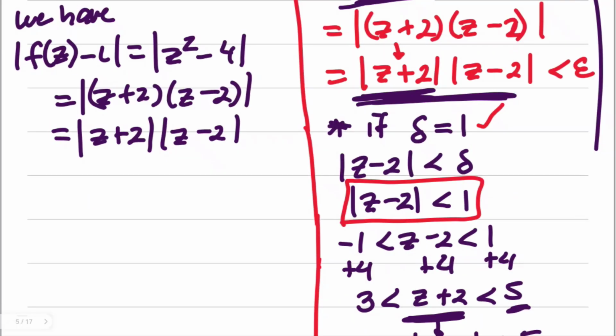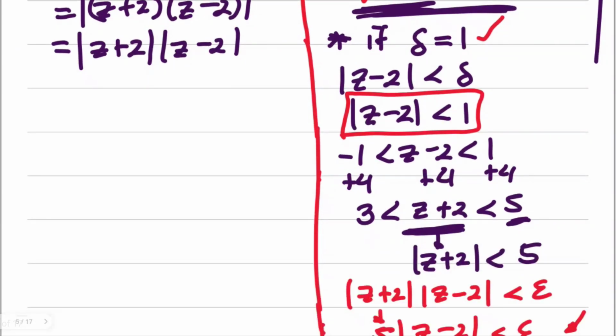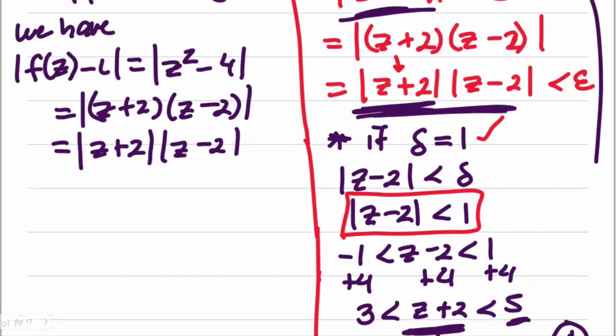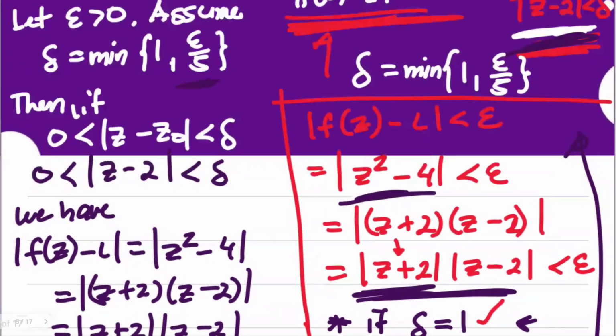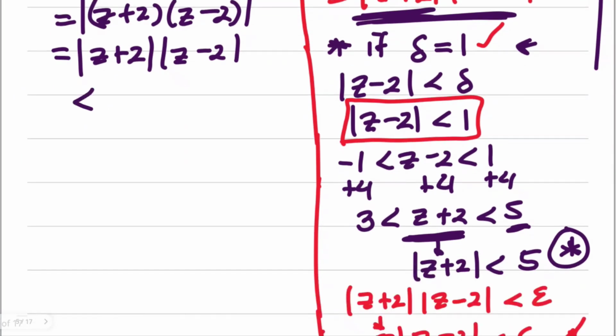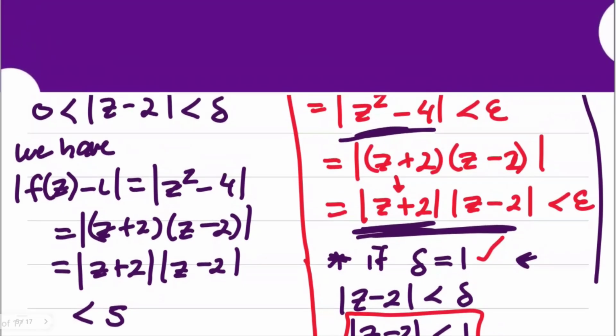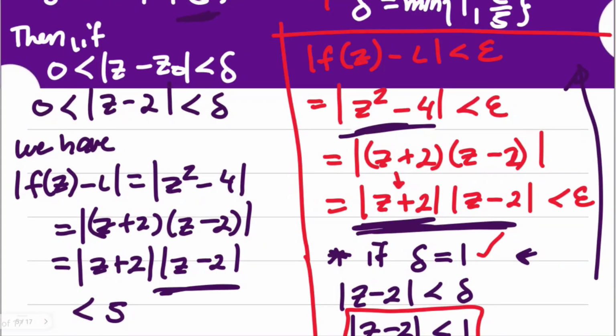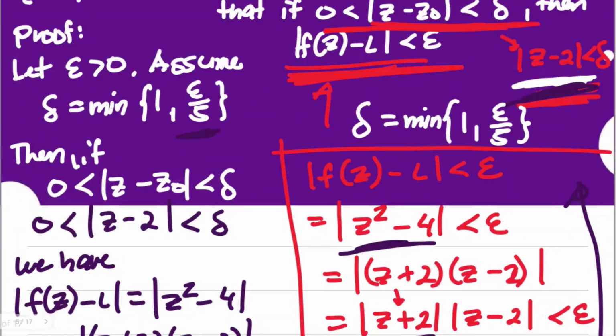Since we had the scratch work earlier, that's the reason why we have this item here. The absolute value of z plus 2 is less than 5 when we assume that delta is equal to 1, and that's possible here because our delta could be the minimum of 1 and epsilon over 5. That would mean we can now invoke that this value is less than 5, times z minus 2, which is actually less than delta, and your delta could take another value of epsilon over 5.